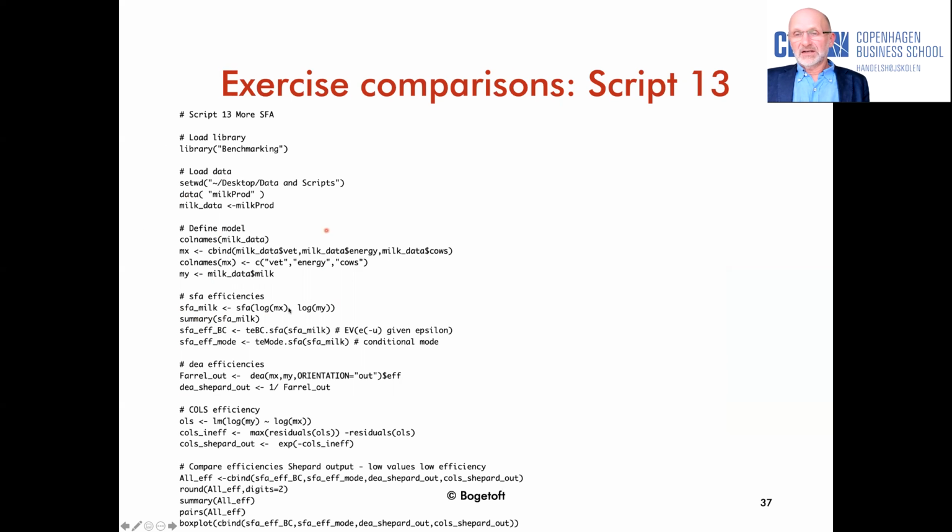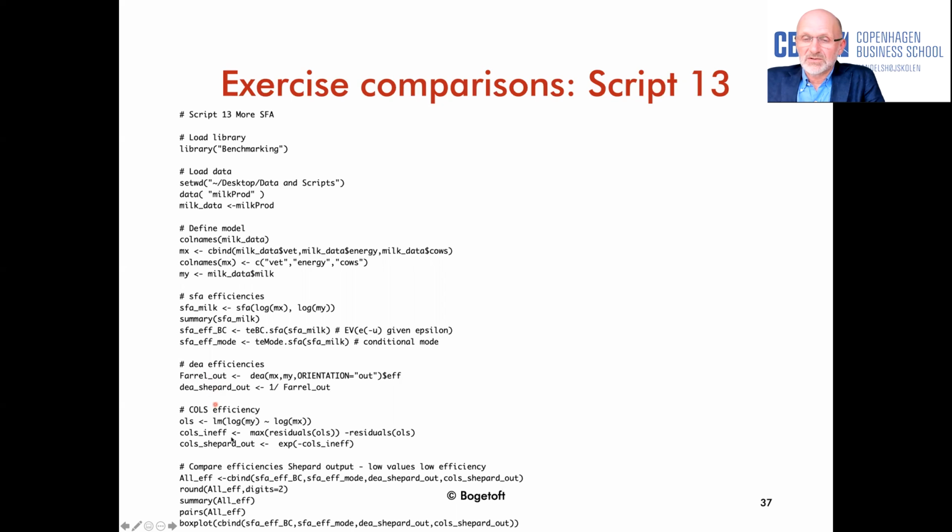So it's a data set with milk producers. Here I have log inputs, log outputs, and here's the Battese-Coelli estimator, and here's the mode estimator. If you do that, you can compare them, and you can also do just the Farrell output and the Shepard output, using DEA, you can get those estimates.